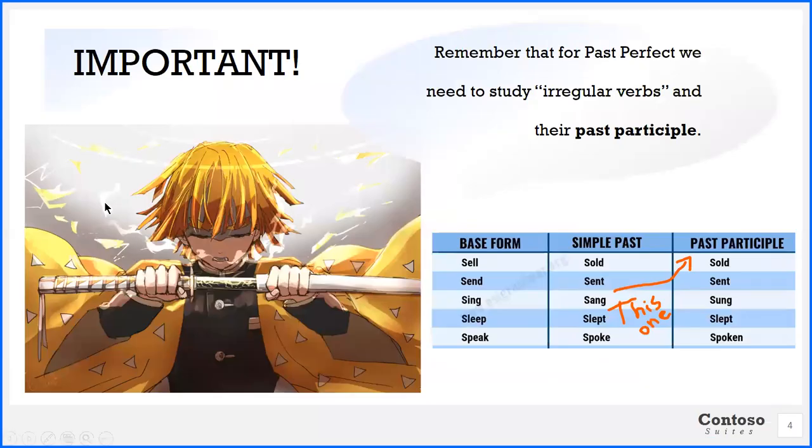On the same note of important aspects of past perfect, we need to always make sure that we remember irregular verbs since they are very, very common. A lot of the main important things that we say or we do daily, like eating, sleeping, etc., or doing, all of these are irregular verbs. So we need to make sure that we do know a lot of them.